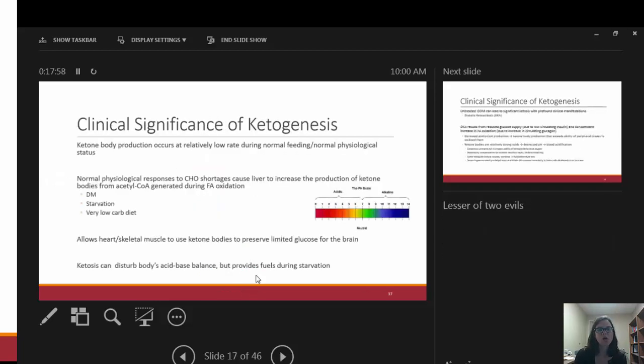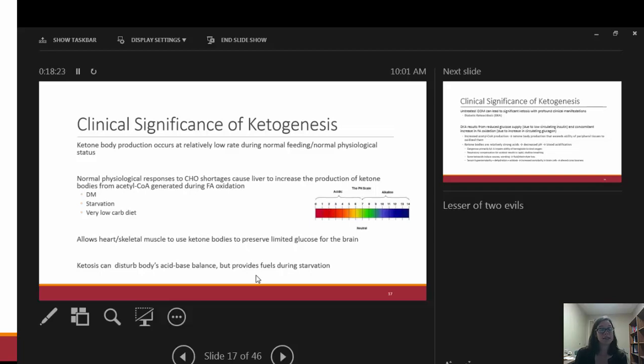Okay, so in a normal fed person with normal metabolism, we have very low production of ketone bodies. But when we have shortages in carbohydrates, this can cause the liver to produce ketone bodies from acetyl-CoA during fatty acid oxidation.